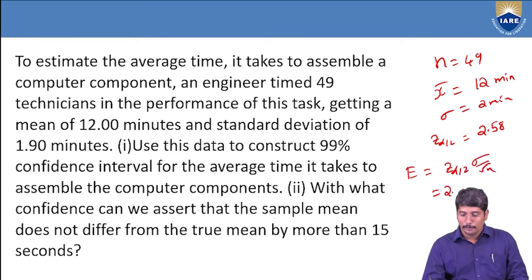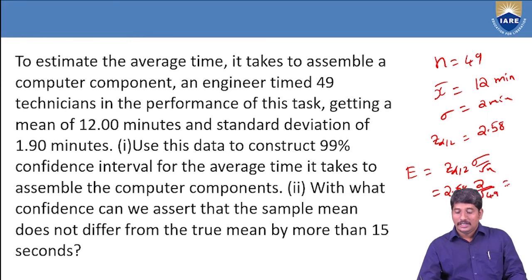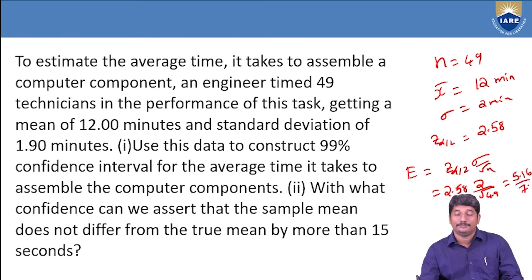That is 2.58 times sigma, where sigma is 2 minutes, by root n, n is 49. So it will be 5.16 by 7, approximately 0.7 something. So the maximum possible error is 0.7.